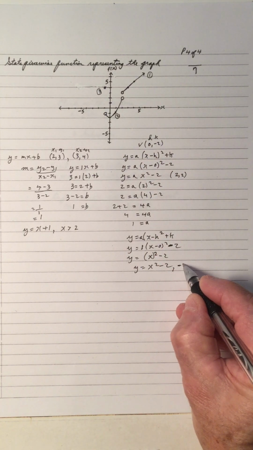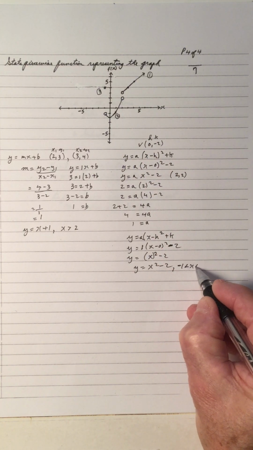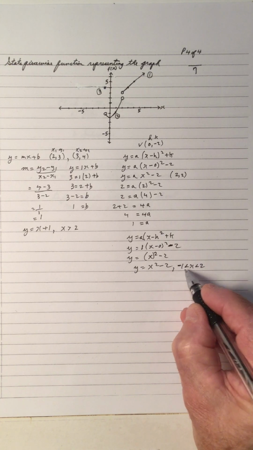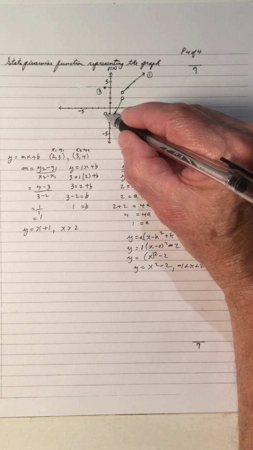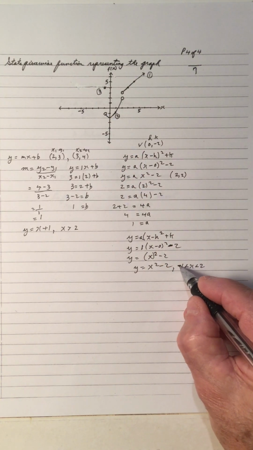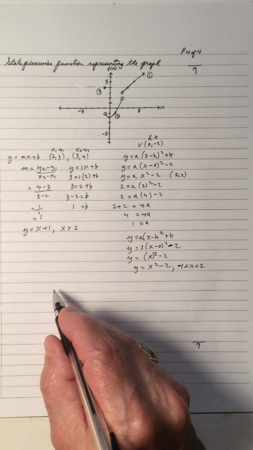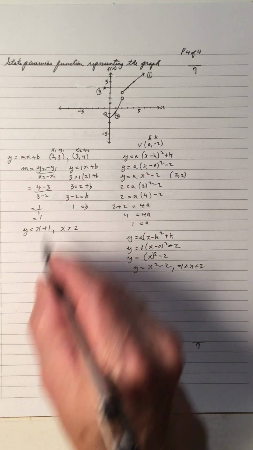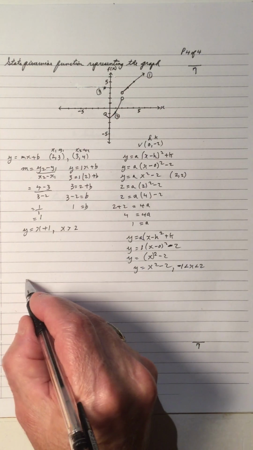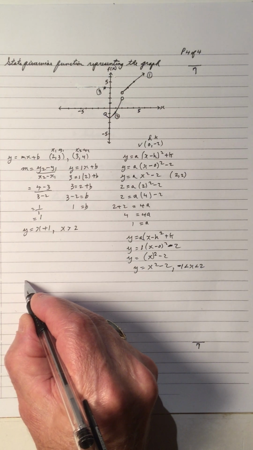So it goes from negative 1 less than x less than 2. There are no equal signs because these points are hollow. There's no equal signs on the negative 1 or the 2. And the third one, we just got a dot. So that third one, number 3, is a point.